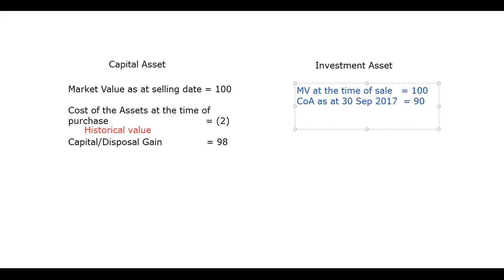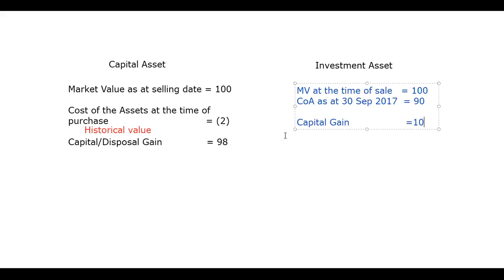Then the capital gain is 10. Here you can see the difference. Let's assume the land was purchased in 1980, 1950, 1921, or at very early stages, because the cost of purchase is very low. When we compare it with the market value, the gain of 98 is very unfair.